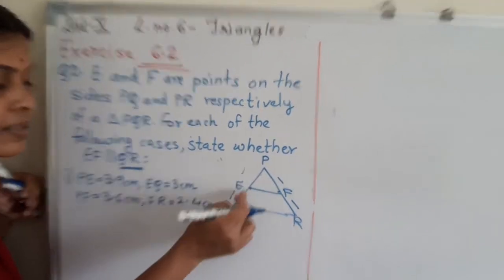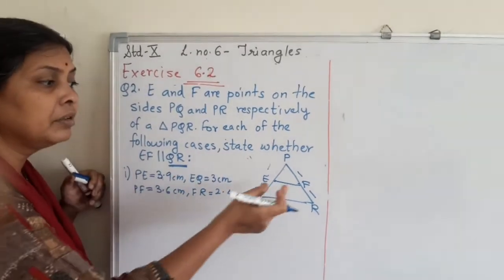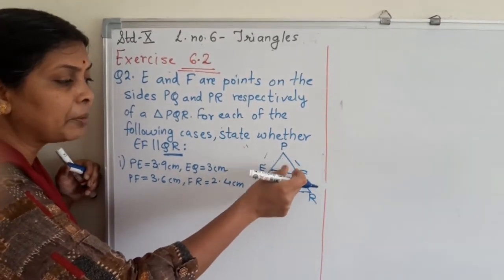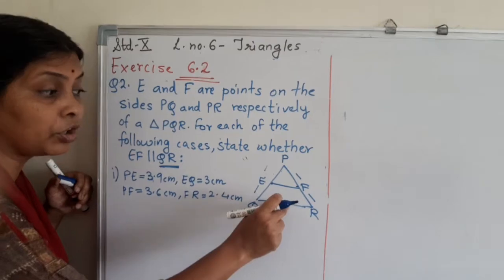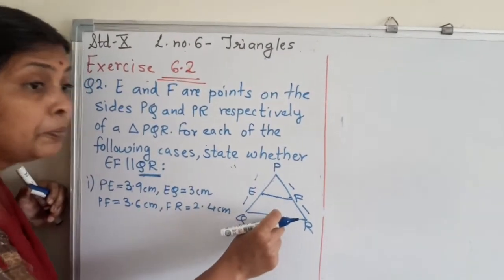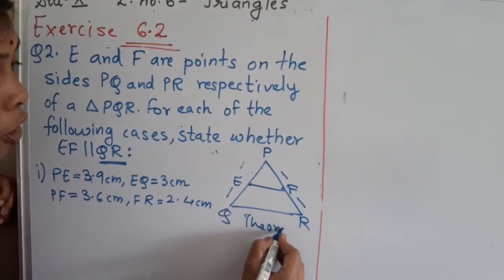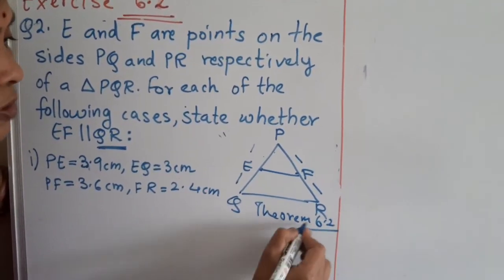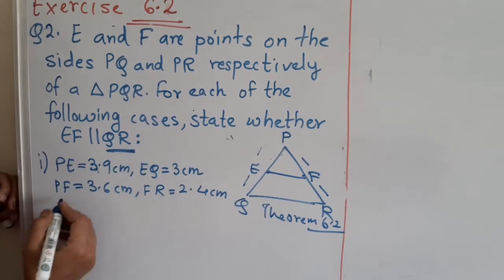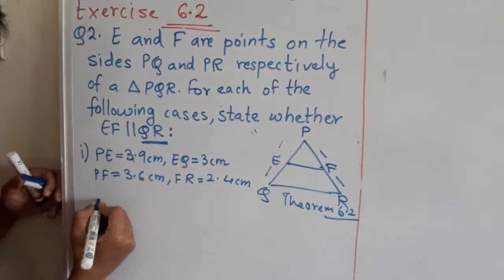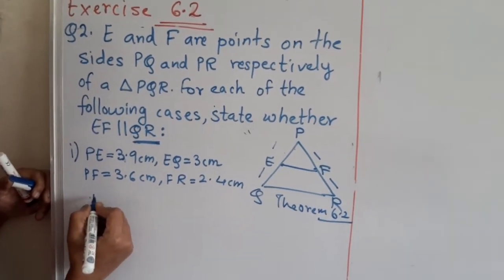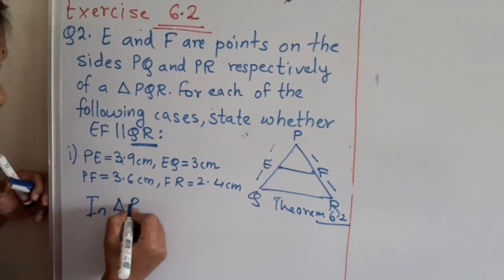When the line divides these two sides in the same ratio, then this segment is parallel to the base, the third side of the triangle, which we prove by theorem 6.1 or 6.2. So let's see whether we are proving it or not, by writing in triangle PQR.